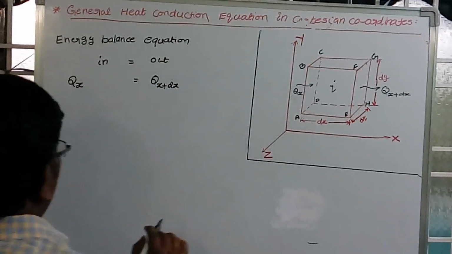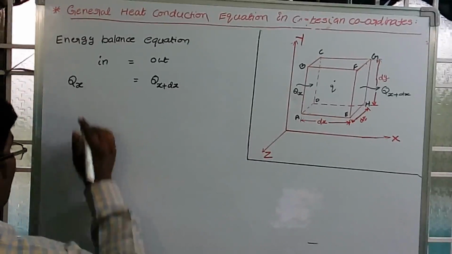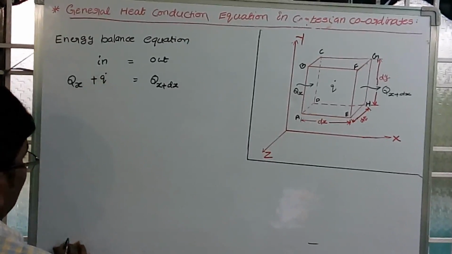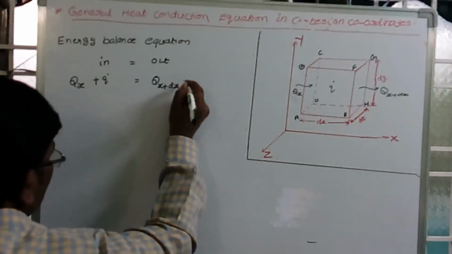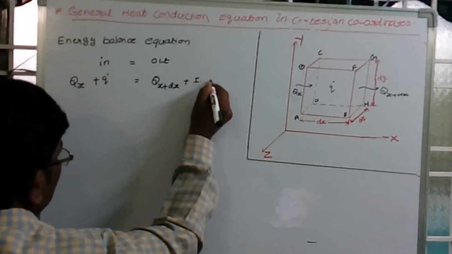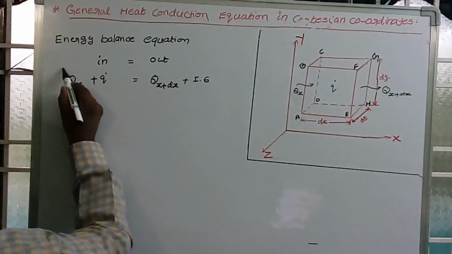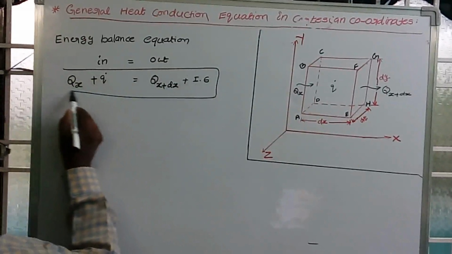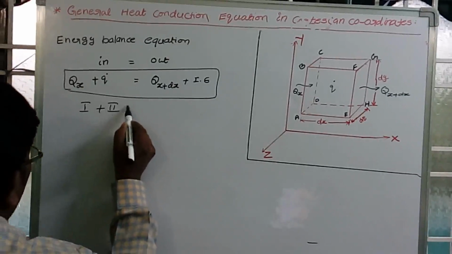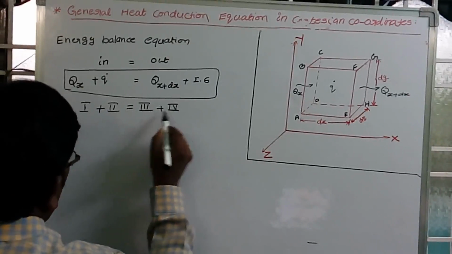On the way of heat passing, some internal energy is increasing, and some amount of energy is leaving, and the remaining energy is internally generated. The balance equation is written as 1 plus 2 is equal to 3 plus 4.